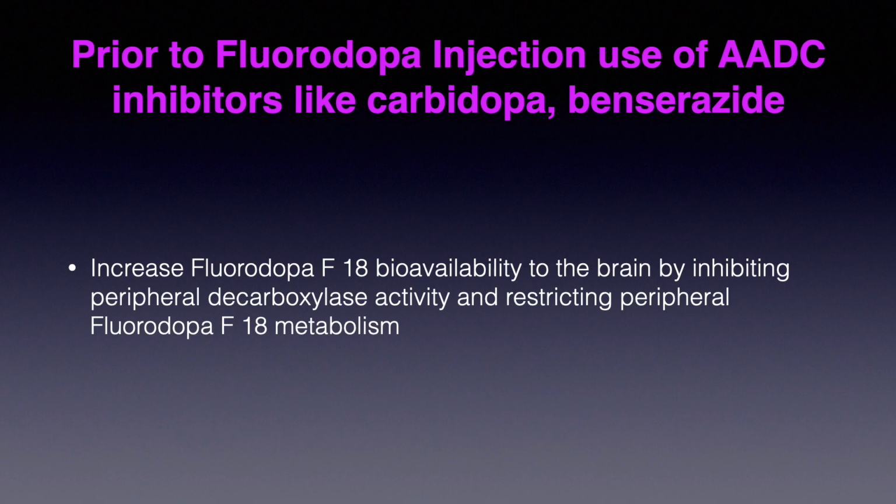Prior to fluorodopa injection, the use of AADC inhibitors like carbidopa and benserazide increases fluorodopa bioavailability to the brain by inhibiting peripheral decarboxylase activity and restricting peripheral fluorodopa F-18 metabolism.